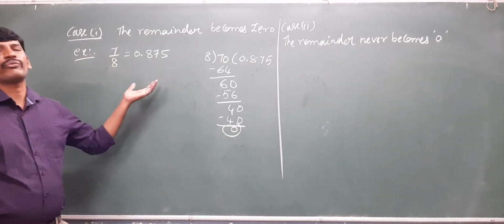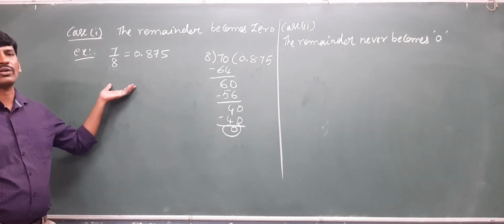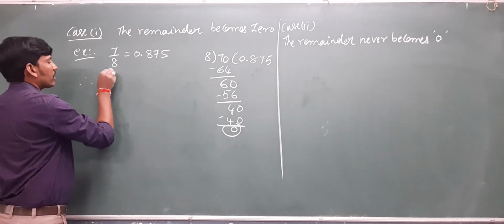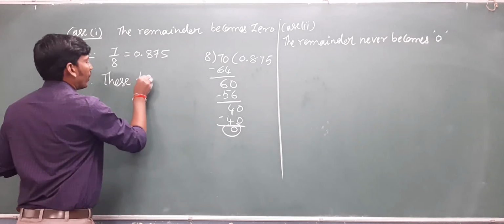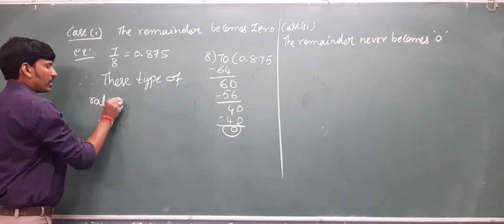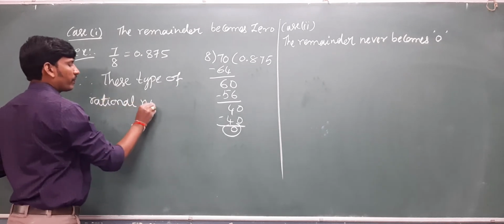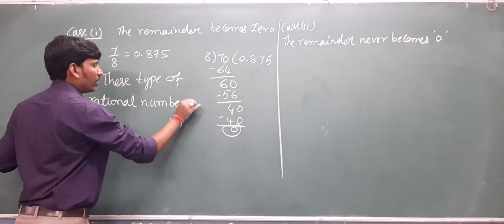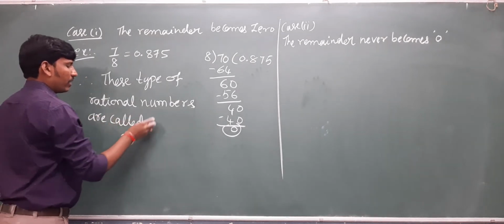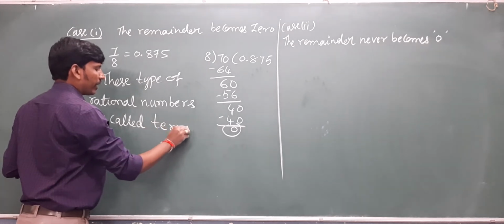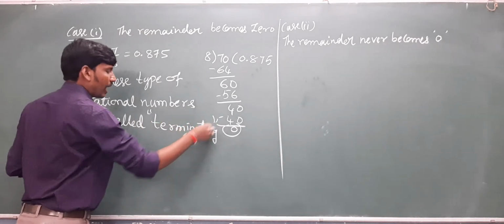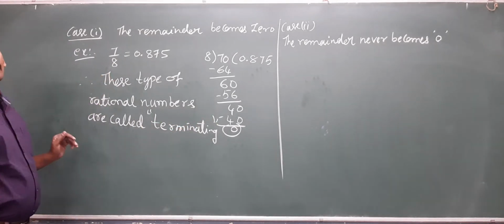Then this type of rational numbers are called which type of numbers? These type of rational numbers are called terminating decimals. It means after some steps, the remainder will become 0.